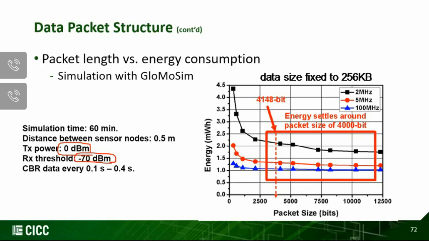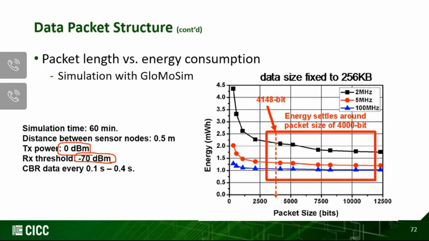Under such packet length, the payload length, if you have a shorter payload, you need to have more packets to transmit. If you have a longer payload, then obviously you need fewer packets to transmit the same data. And we can see that the energy actually settles with respect to the packet size.